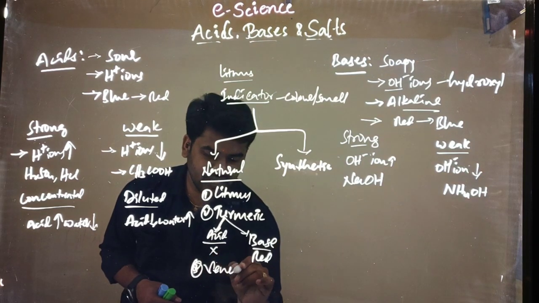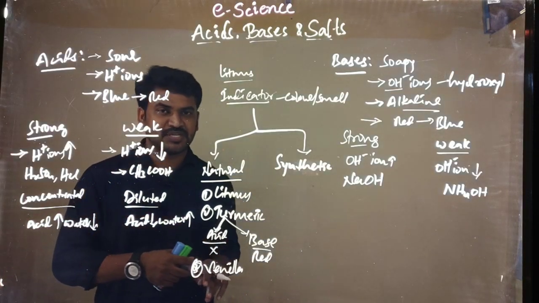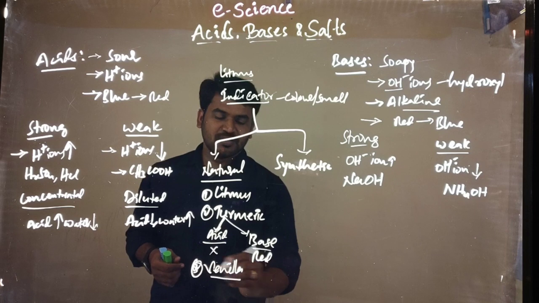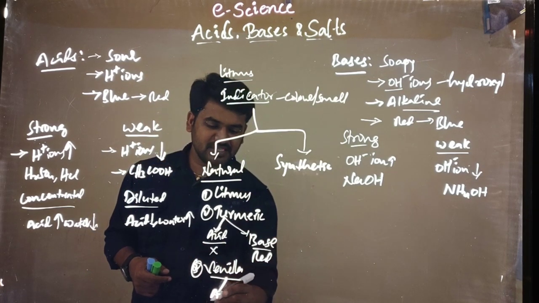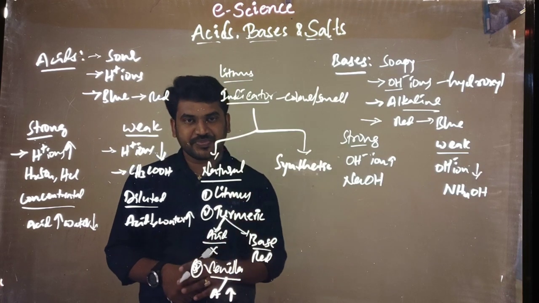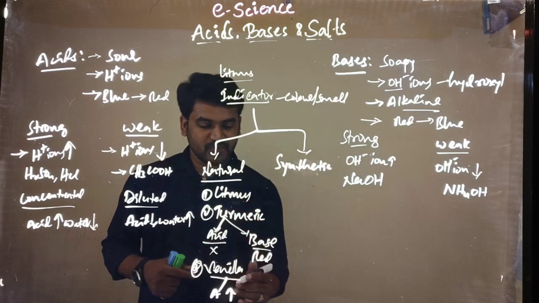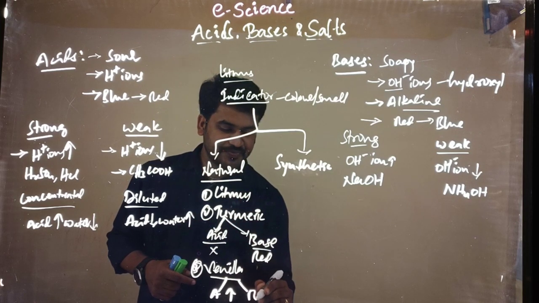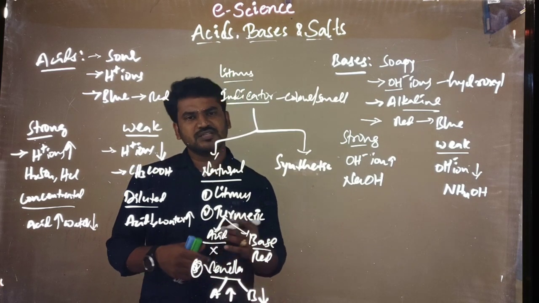We know vanilla essence, generally in shops they prepare ice creams with it, right? When you take vanilla essence in the presence of acid, it increases the smell. And in a base, it decreases the smell, that is, it is not showing the smell.